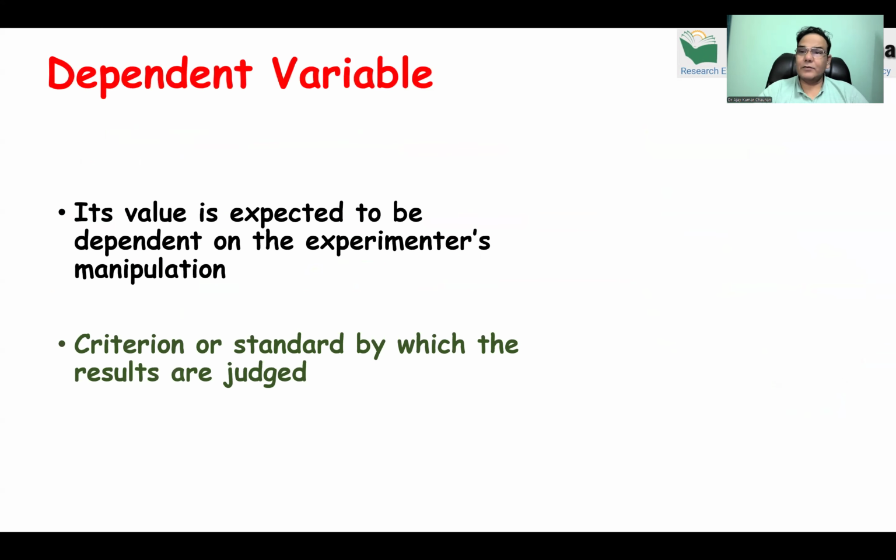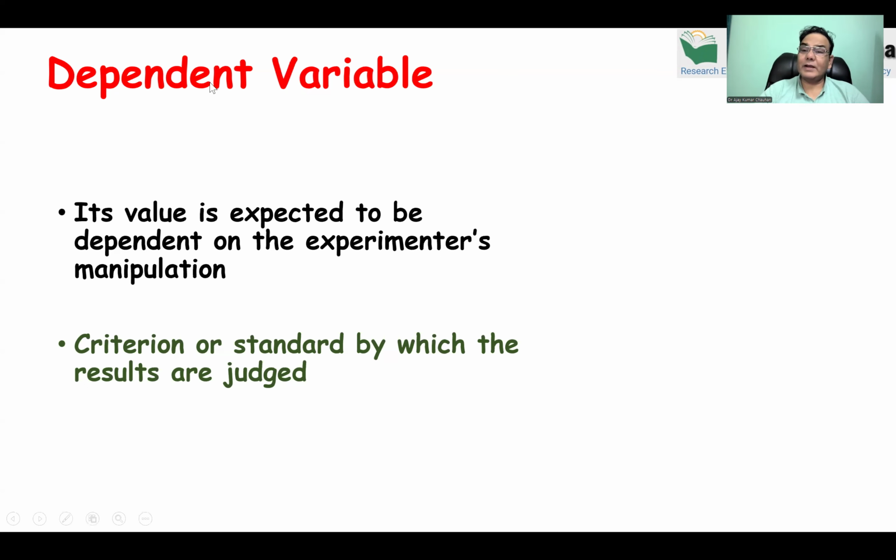And the dependent variable is what you are going to measure. In this experiment, we are going to measure happiness. There is a scale already defined for happiness. So we are going to measure the happiness of both the groups, and by applying t-test and ANOVA test, we can prove that this group is having more happiness as compared to the other group.